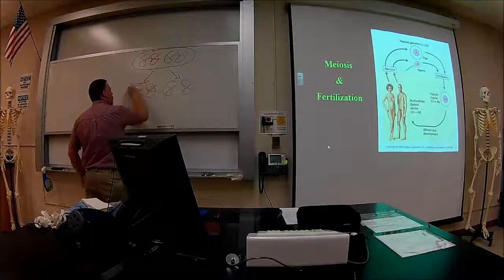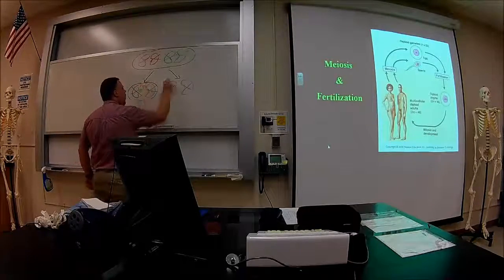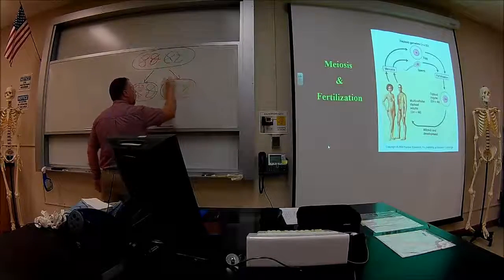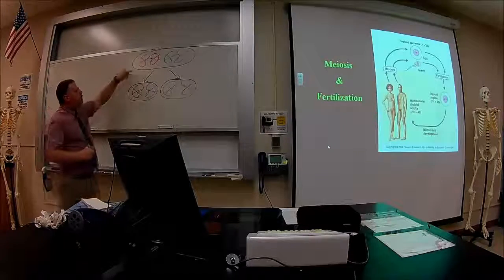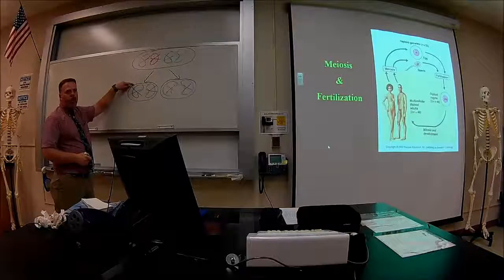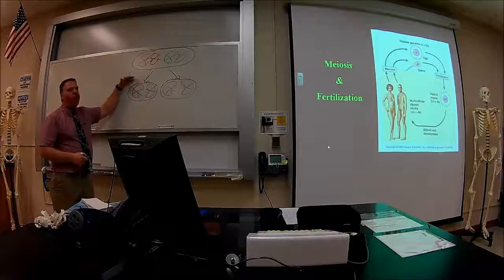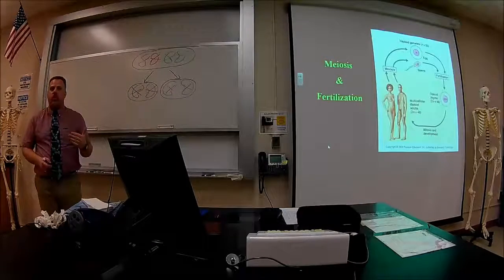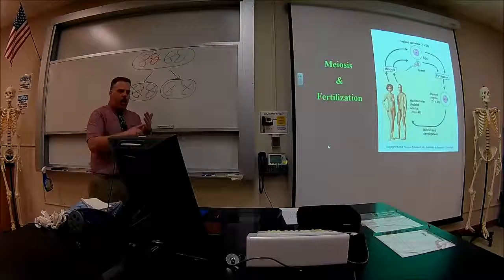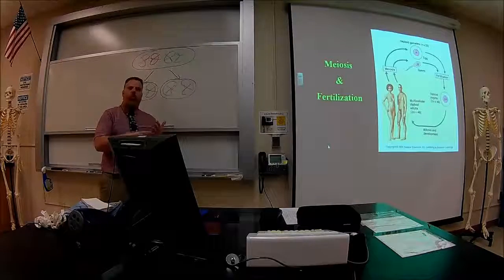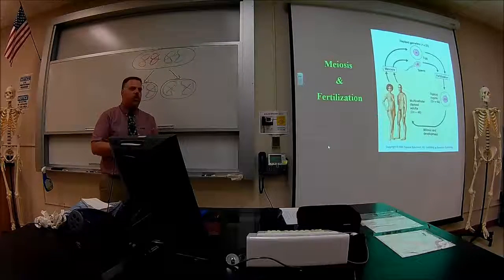And you'll have one cell here and one cell over here. Now, this division that goes on over here is the first stage of meiosis, and it goes through what we saw with mitosis: prophase, metaphase, anaphase, telophase.